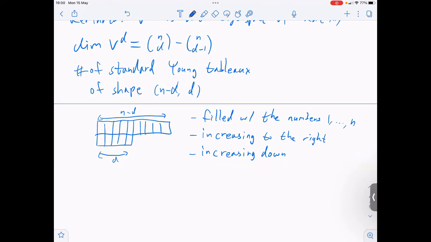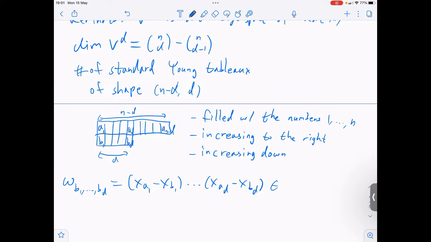So let's say that the top row is A1 up to A_{n-d}, and the bottom row is B1 up to Bd. We get a function we call omega of B1 up to Bd, which is the following function: (x_{A1} minus x_{B1}) up to (x_{Ad} minus x_{Bd}).